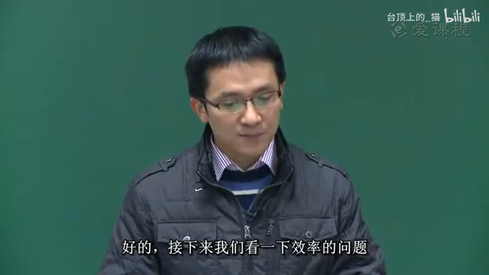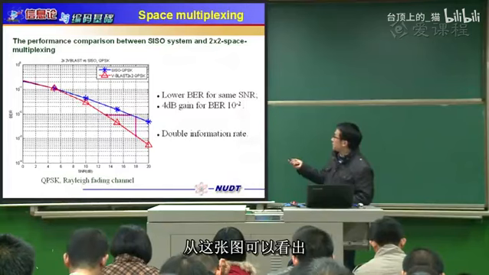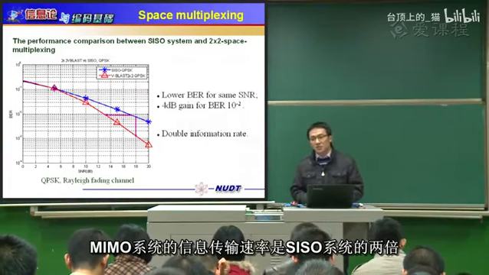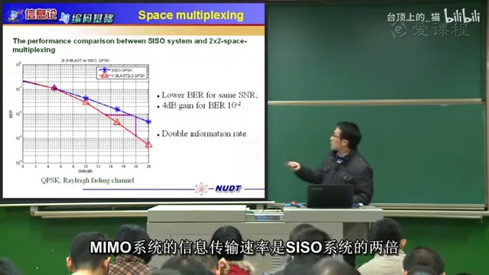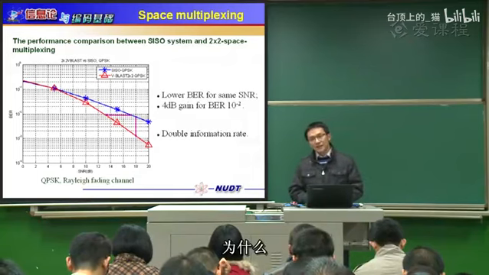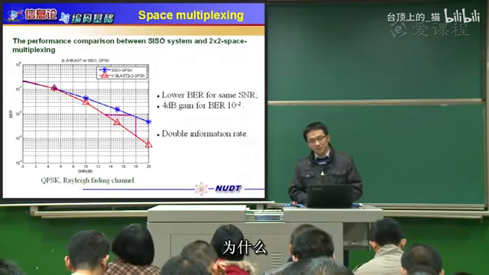And we can consider another problem about the efficiency. We say the MIMO system has double the information rate compared with the SISO system from this picture. Why? Please think about that.